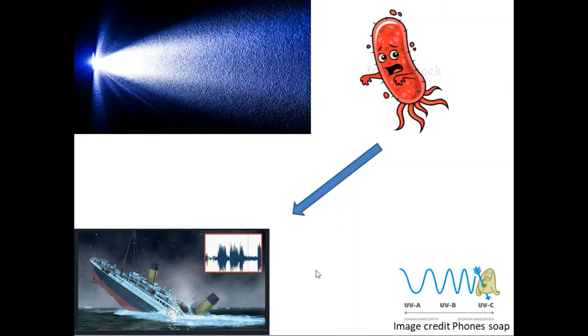But to initiate the SOS response at a very fast rate, the bacteria uses a bypass here, and this SOS response is a bypass strategy for DNA repair, which is used as a last resort when other repair mechanisms will not be able to act at a very fast rate. So we will go into the details of this in the coming session.